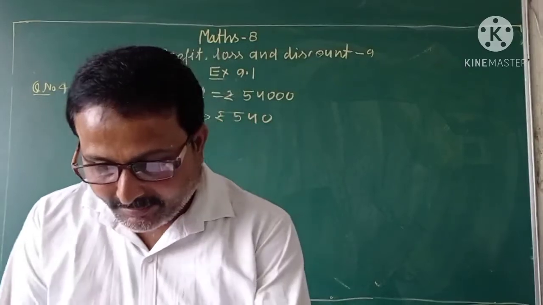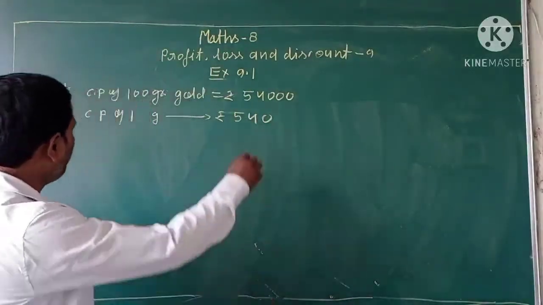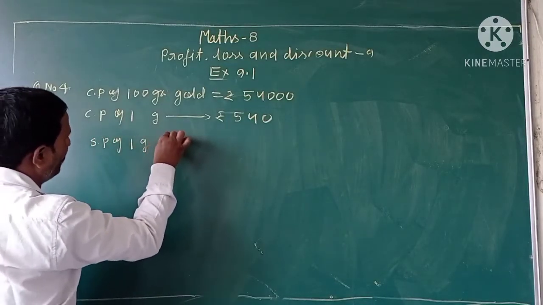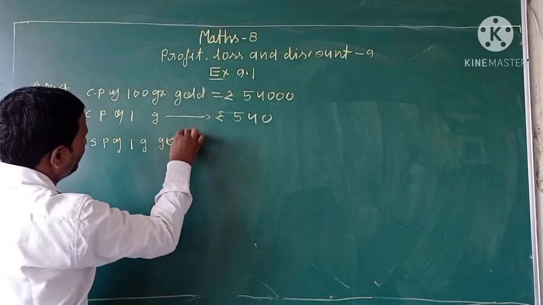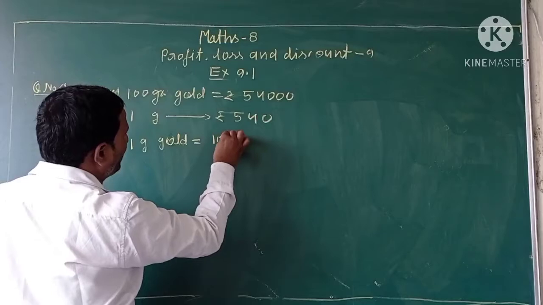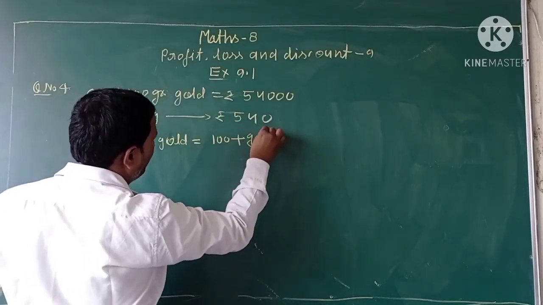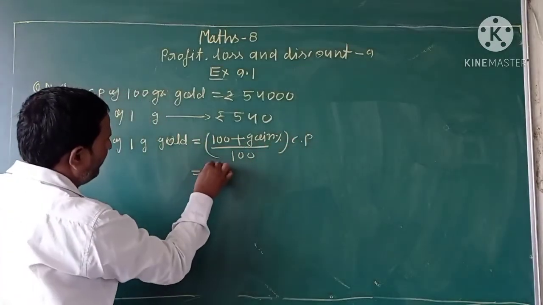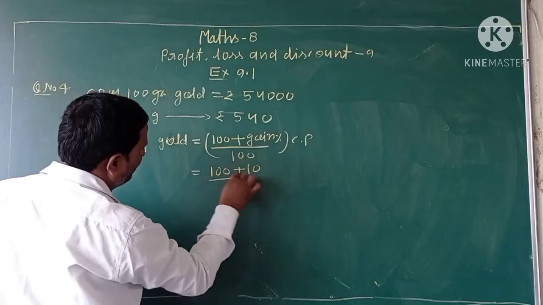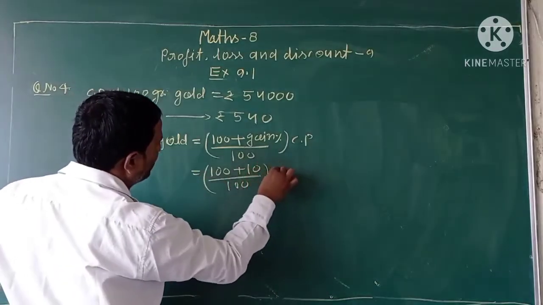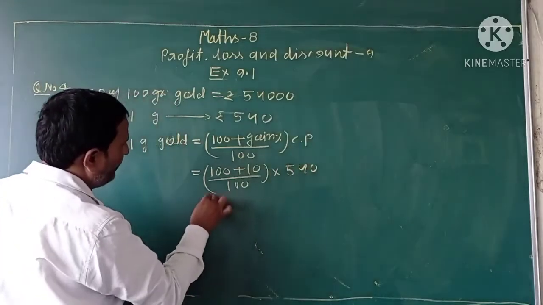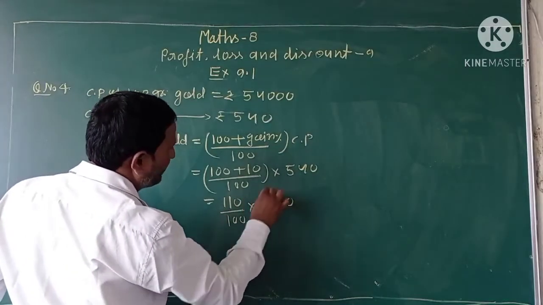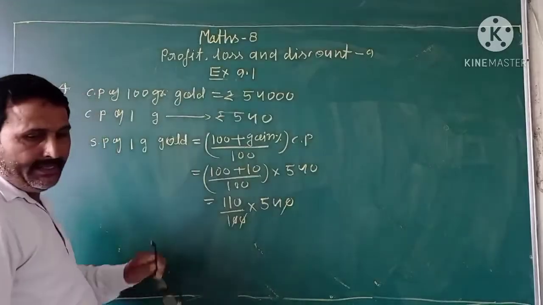Now SP of 1 gram gold is 100 plus gain 10% upon 100 into CP, 110 upon 100 into 540. Zero cancel.